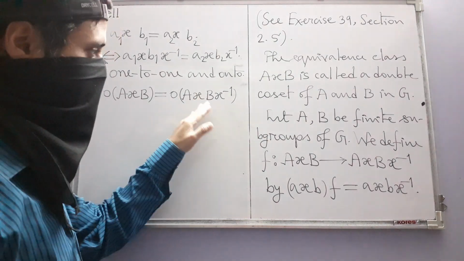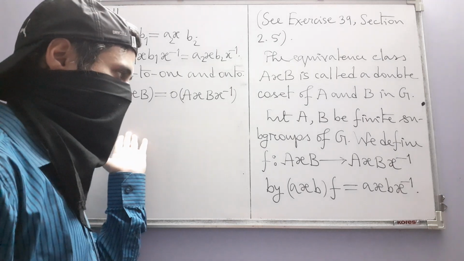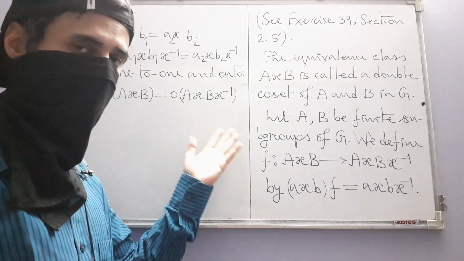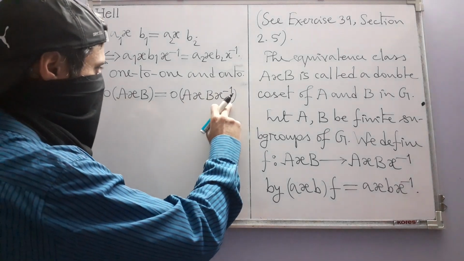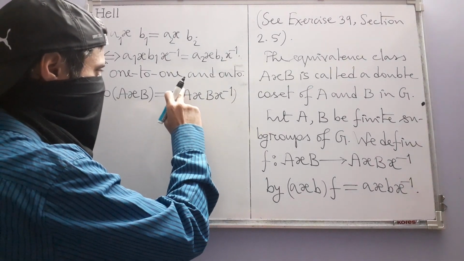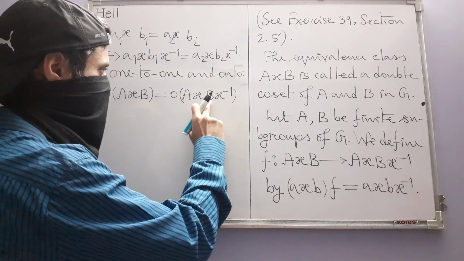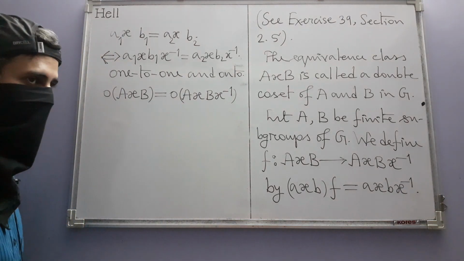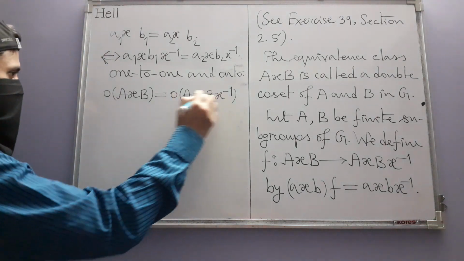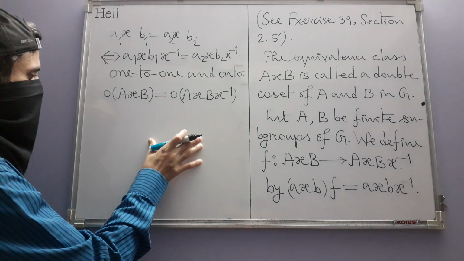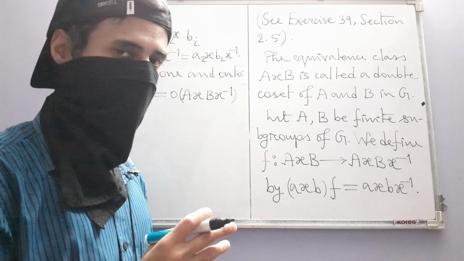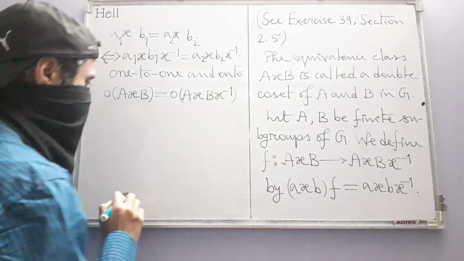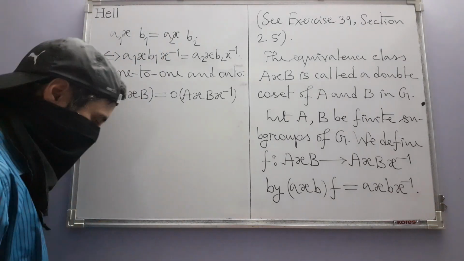Now if you apply what I was talking about a while ago, that this can also be interpreted as the product of the subgroup A and the subgroup xBx inverse, then this type of product has its order given by a formula. You recall what was the number?